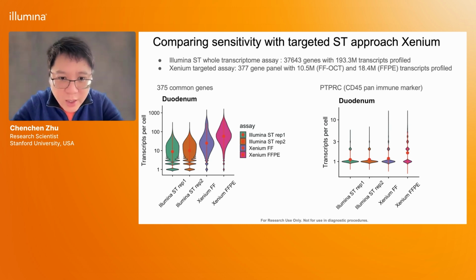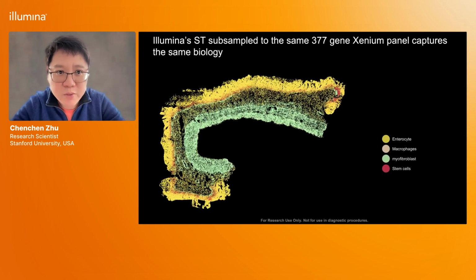And the other thing we want to know is, how does this impact our discovery? So I just subsampled the Illumina data to the same 377 genes, and then looked at whether we can capture the same biology in terms of the spatial map. So here is one example for the duodenum, and we are getting the layers and all the cell types, but without showing you all the cell types, just focus on four major groups, which include the enterocytes.